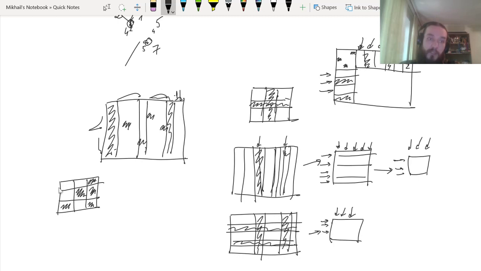What we do is keep track of which rows and which columns we have not yet erased. Whenever we see an unbroken row or an unbroken column, we erase it. So we erase this, and then we erase this. And so this is the final part that we have.